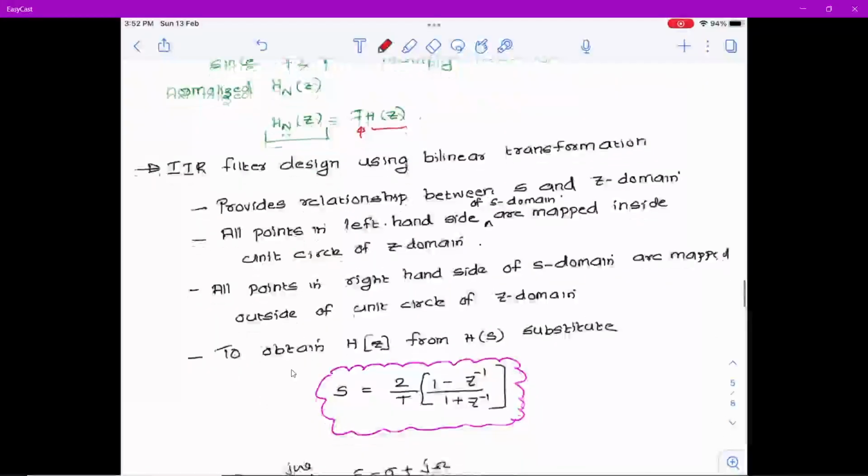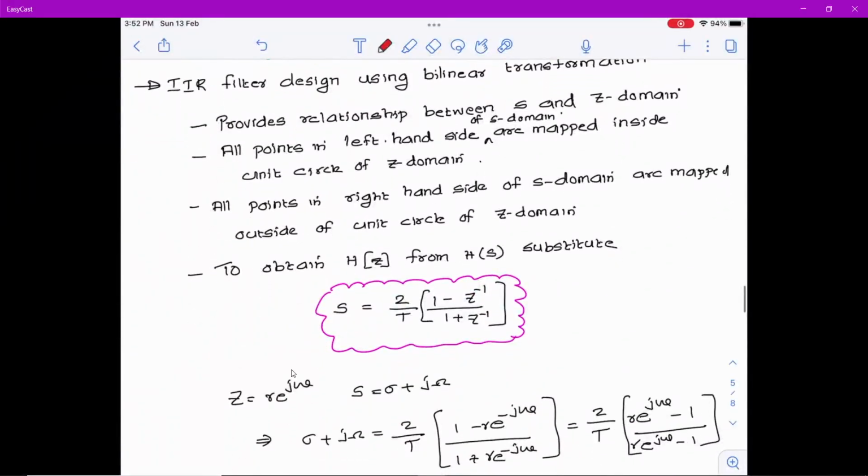Okay, fine. The next method is called bilinear transformation. Again, there is a relation between s and z, you just need to substitute the relation, that's all. In bilinear transformation also, it provides a relationship between the s and z domains.